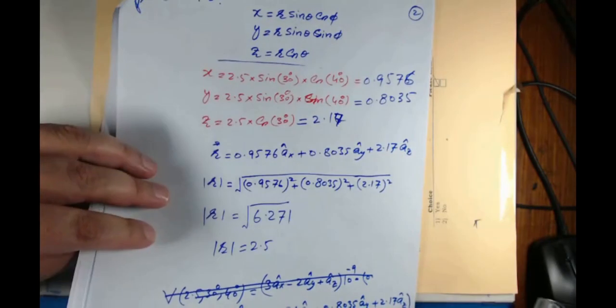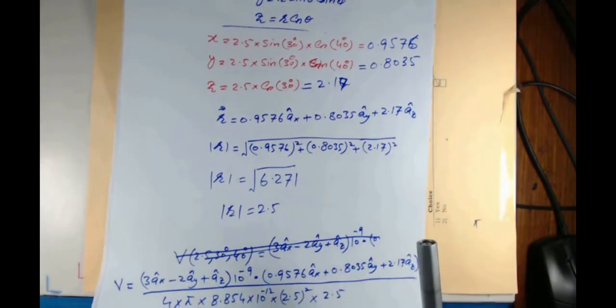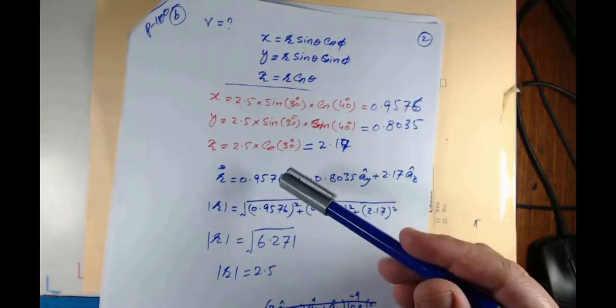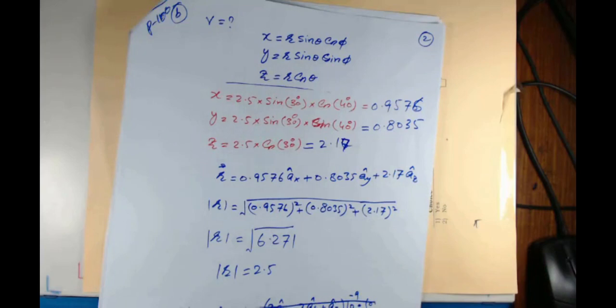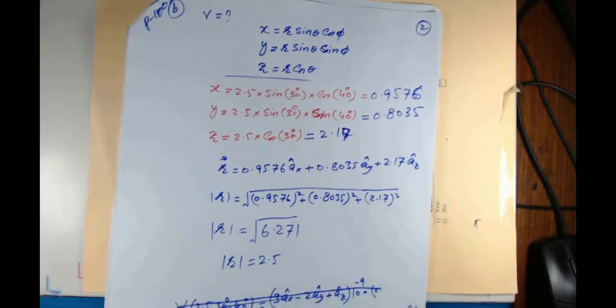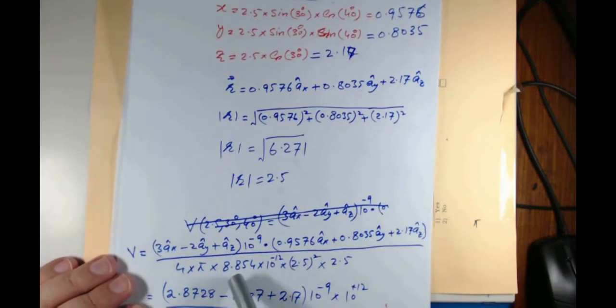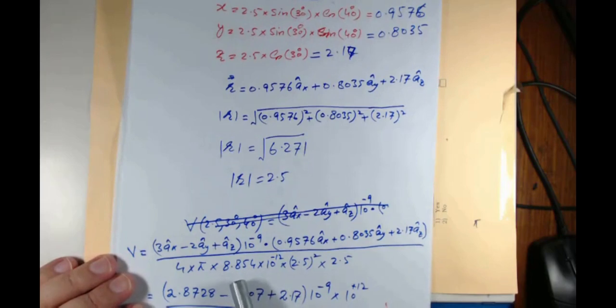Using this relation, plug in the values of dipole moment, r vector, and epsilon naught, which is 8.854 into 10 power minus 12.